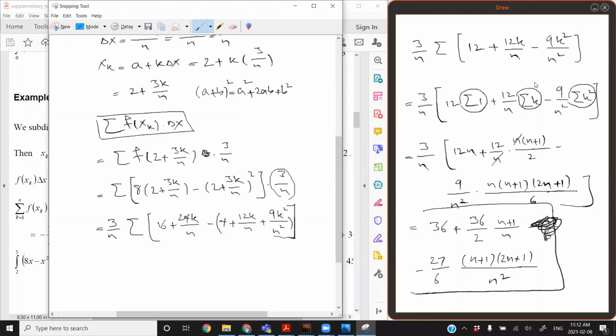I have to take the limit of this as n approaches infinity. And you all know what's going to happen. This one, as n approaches infinity, is going to be 1. And this part here, as n approaches infinity, is going to be 2. So this is going to turn out to be 36 plus 36 over 2 minus 2 times 27 over 6.